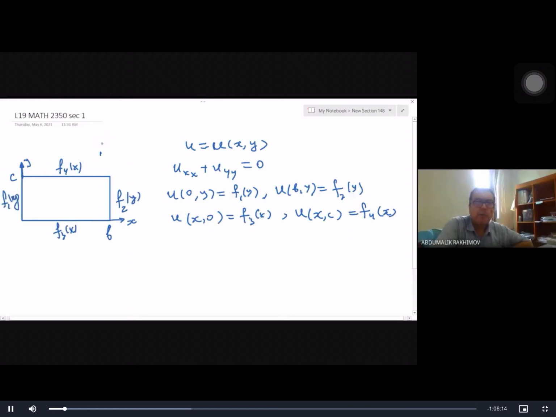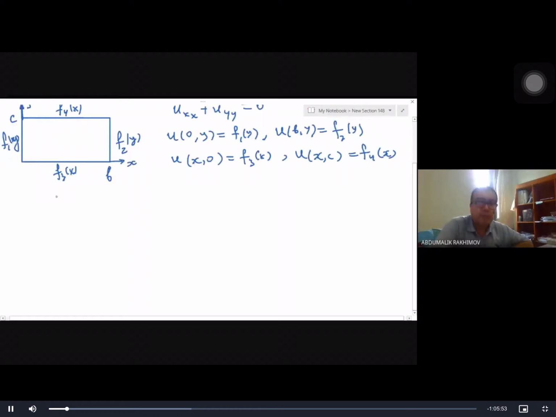So this problem we call the first boundary value problem, right? We split this problem into 4 problems with 3 homogeneous boundary conditions, and then we can solve it using Fourier series. It's done. Today's topic is the second boundary value problem.